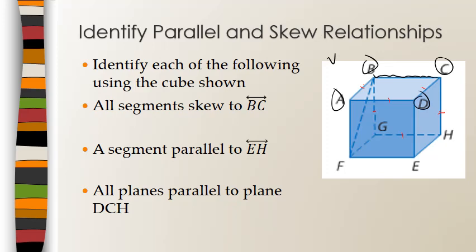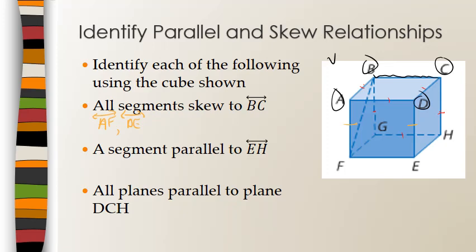Well, this line right here, AF, is not in the same plane and does not intersect. And DE right here is skew to line BC.